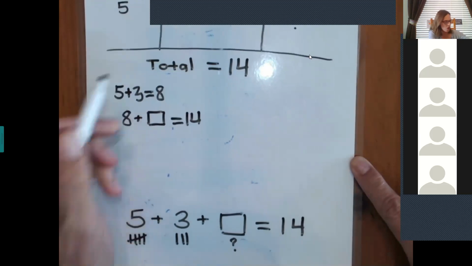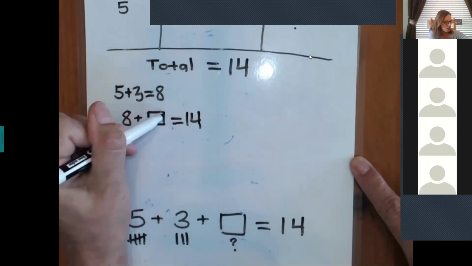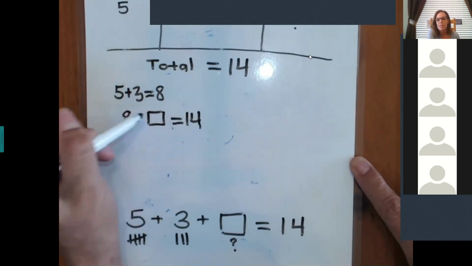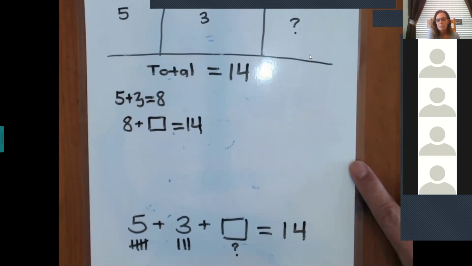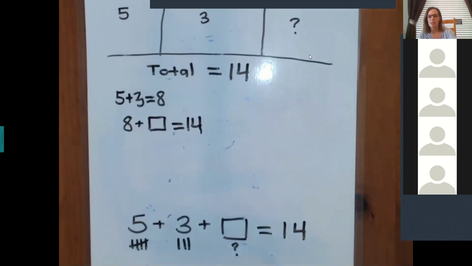Maheen, how did you know that 6 was what you needed to add to 8 to make 14? Because I added 8 to 6, and 8 plus 6 equals 14. Did you just know that 6 was the partner for 8, or did you pound and count on? Pound and count on. Very good. Thank you, Maheen. Nicely done.